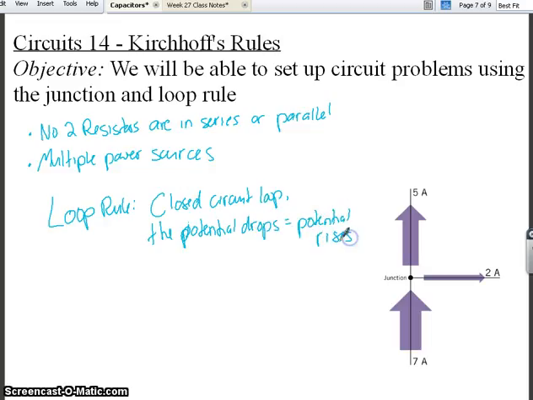I'll explain what this means in a second. So in a closed circuit loop, the sum of the potential drops equals the sum of the potential rises. And now we're going to have the junction rule.